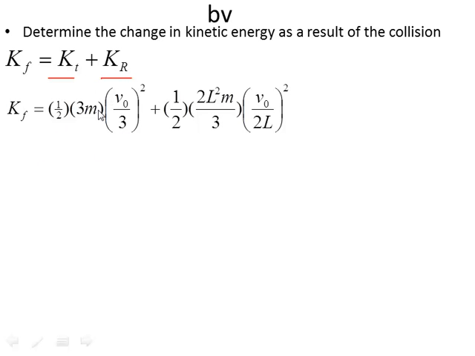So it's 1/2 mv squared, where m is the 3m, and the speed of the center of mass is this, which we found before. And then the rotational kinetic energy is, if you recall, 1/2 I omega squared. So 1/2, this is our moment of inertia, and this is our omega squared. We can simplify that.